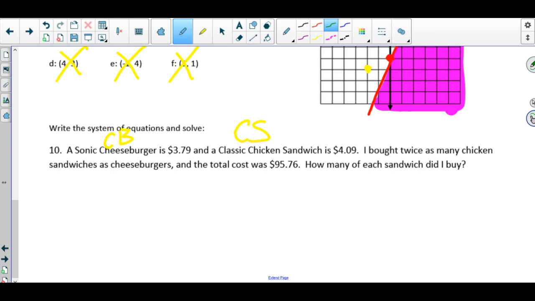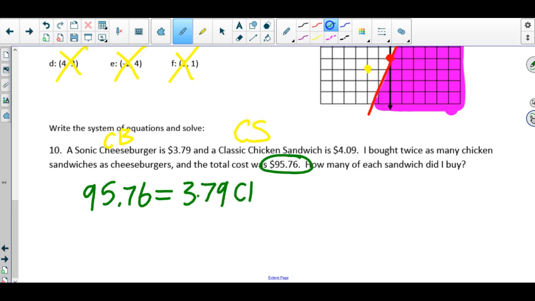So the total cost, $95.76, is going to equal the number of cheeseburgers times, let me write that backwards, 3.79 per cheeseburger plus 4.09 per chicken sandwich. That's one equation.